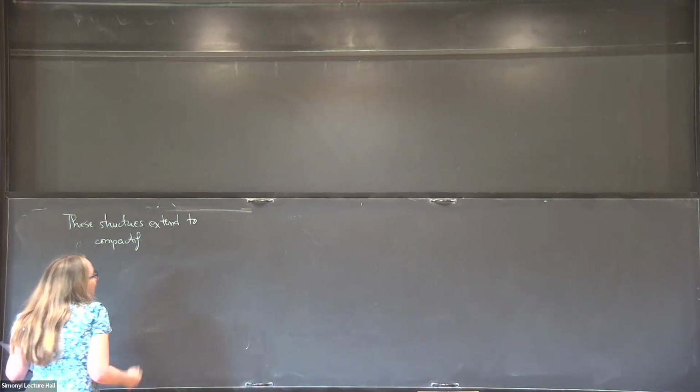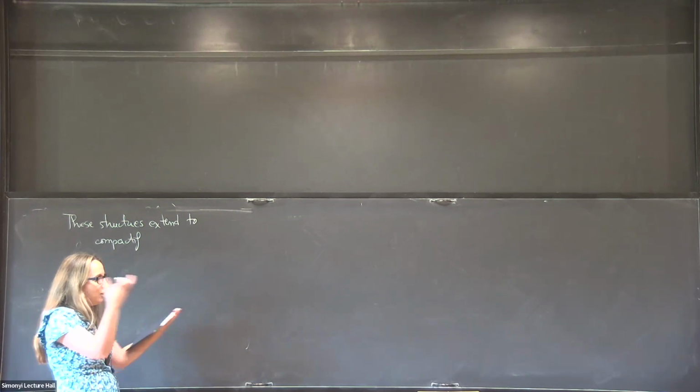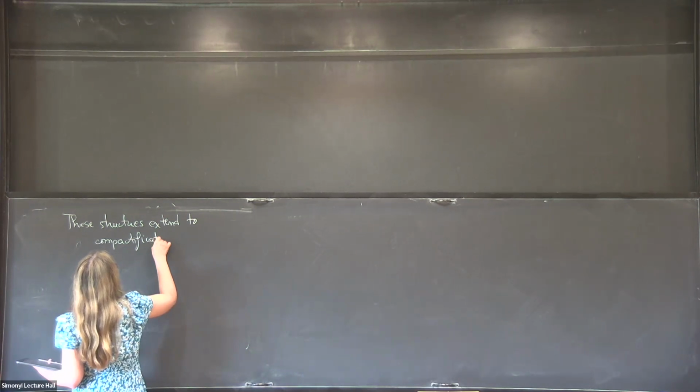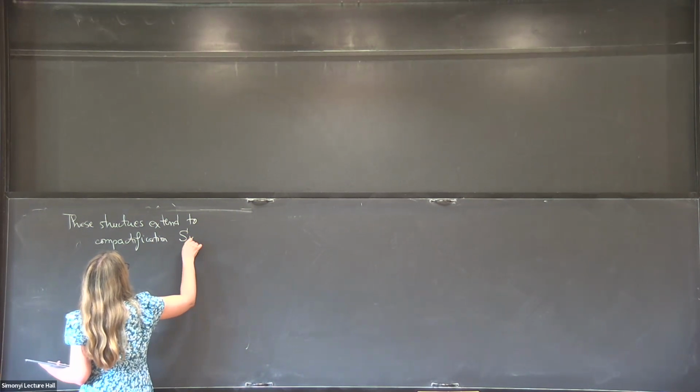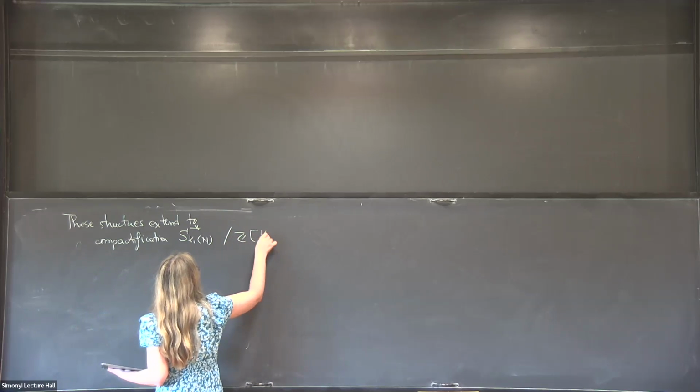You can think of, like, you have this affine curve, maybe like an affine line, and then you compactify it, you look at projective space. X1(N), again defined over Z[1/N].